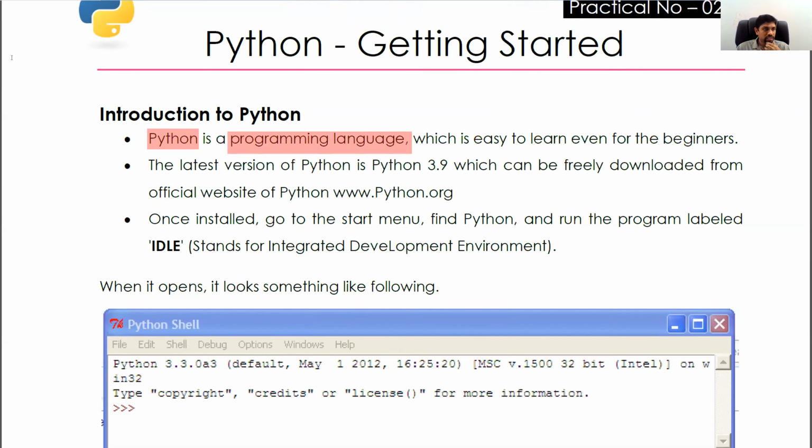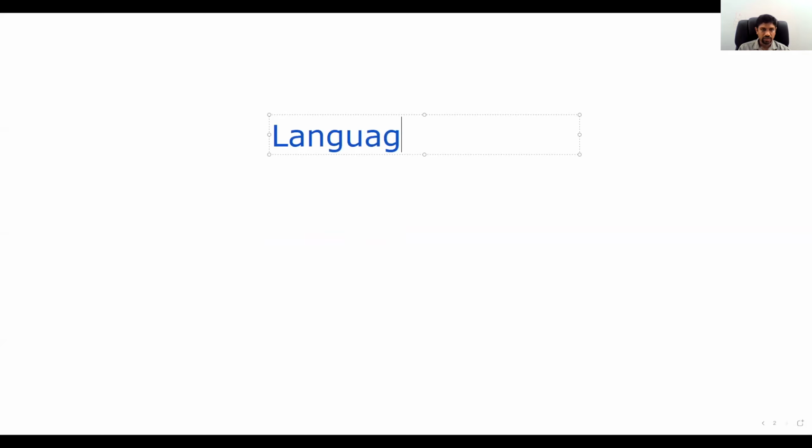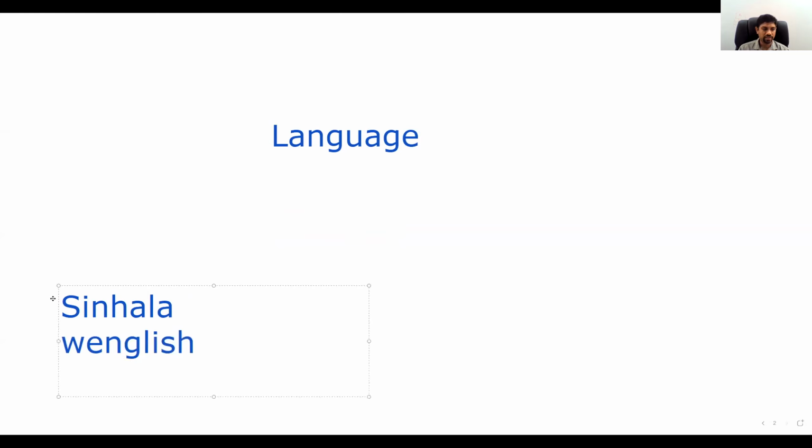Normally, when we say the term language, can you give me some examples for languages? Some of you say that Sinhala is a language. English is a language. Tamil is a language. They are also languages.